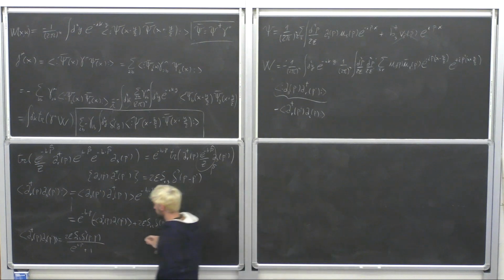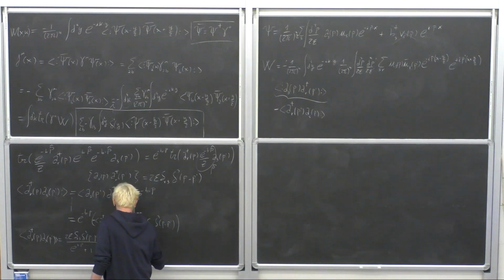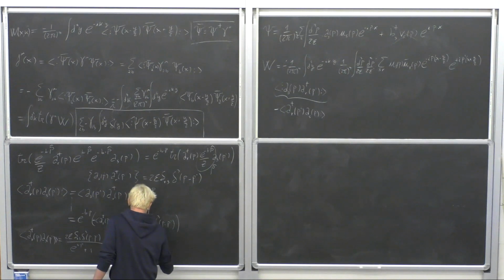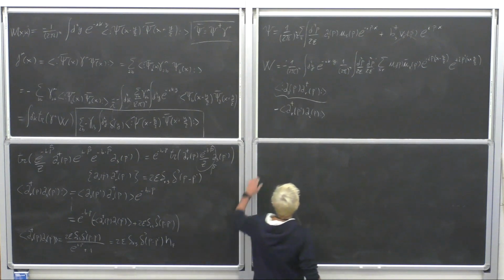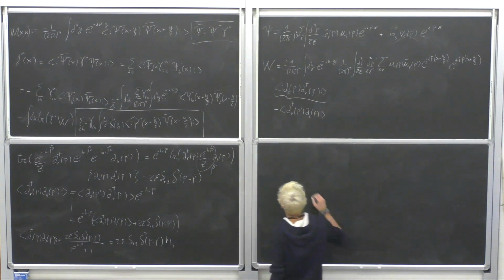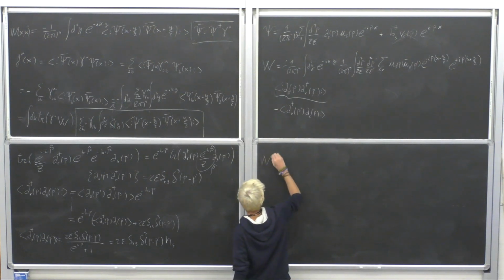So this is 2 epsilon delta Rs delta 3 p minus p prime Fermi distribution. And if we plug that expression here, the minus sign that was here simplifies the minus in the Wigner function.